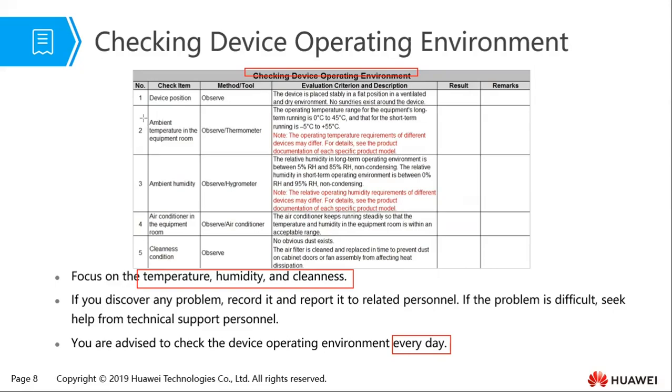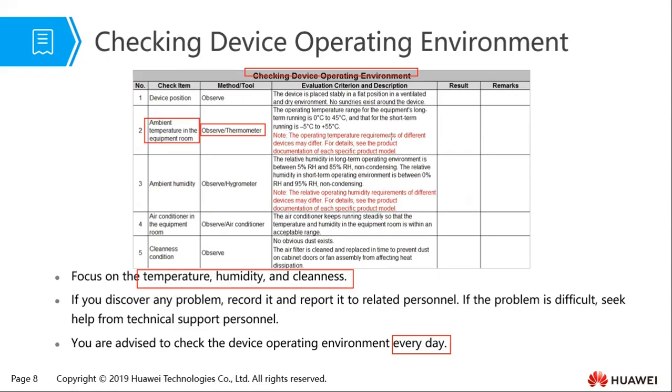So for example, here you're checking the ambient temperature in the equipment room. We are observing and also using a thermometer as the measuring equipment. You can observe by feeling the temperature as you're walking into the server room. And therefore you report, for example, the operating temperature range for the room was between 0 to 45 degrees, and that for the short term running is that.